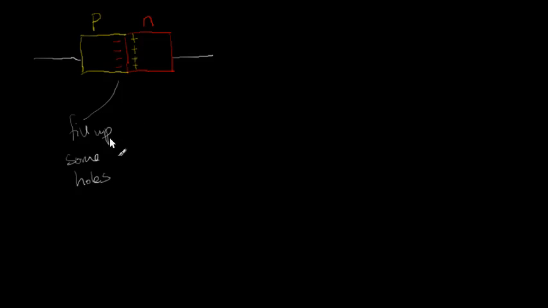Okay, so like I said before, we can pretend that the holes are positive charges. So when the electrons from the N-type go over to the other side and fill up some of the holes, although it has filled up the holes, and we can think of the holes as positive charges, it doesn't mean that the presence of holes would make the p-type semiconductor positive.